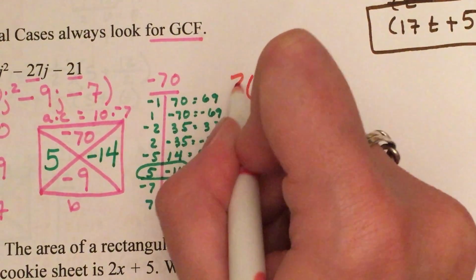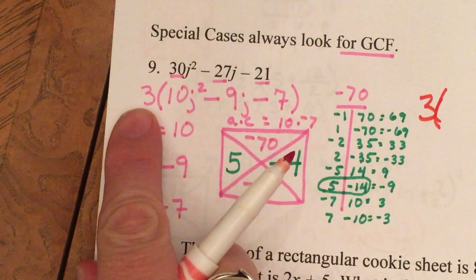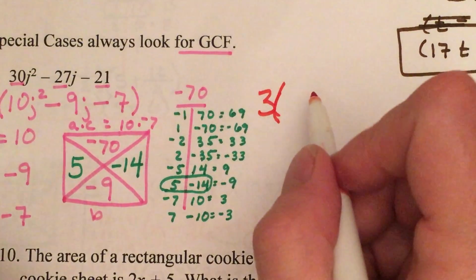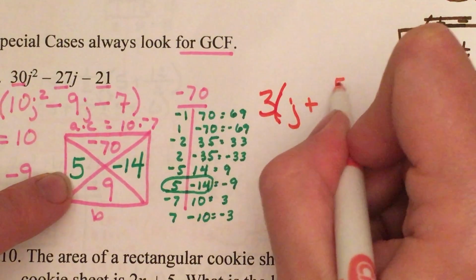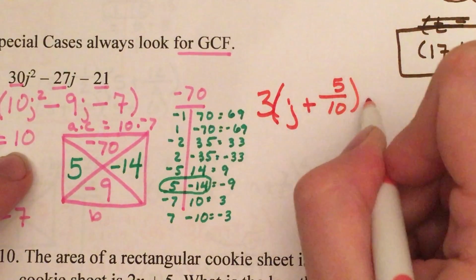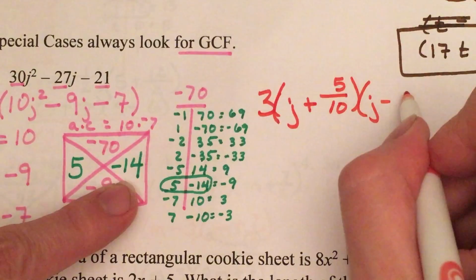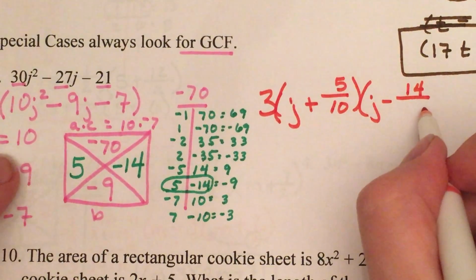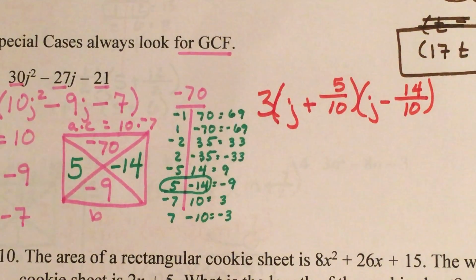So we've got a 3 out in front because that came from here. So don't lose him. You still got that guy. So variable j plus 5 divided by a. What was a? 10 times j minus 14 divided by a. What was a? 10. Okay, let's reduce.